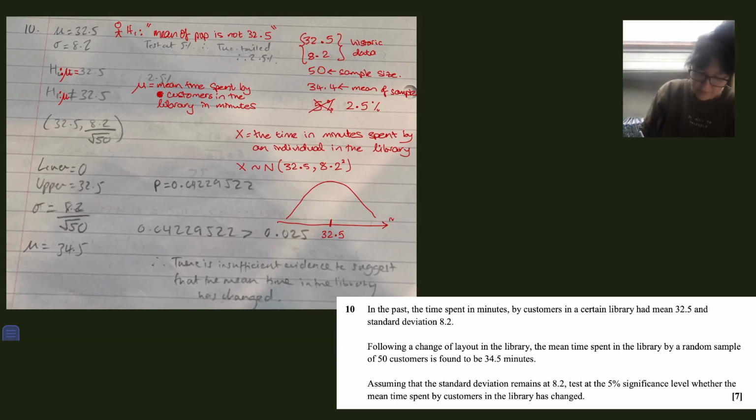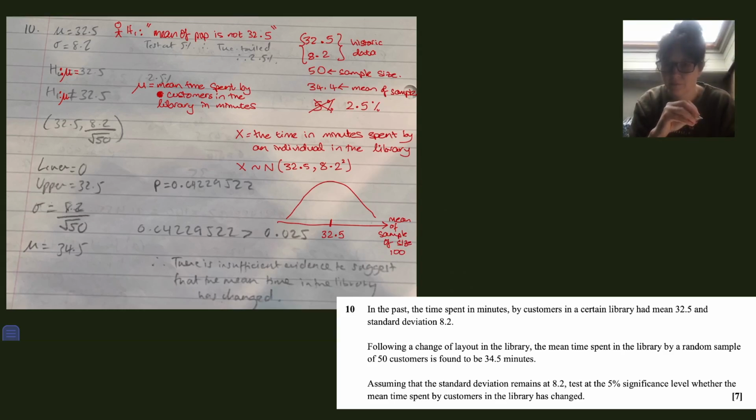This axis is the mean of a sample of size 100. It isn't, here's the important bit, it is not X. That thing that I was expecting to be 32.5, that I'm now saying, oh, I didn't get 32.5, I got 34.4, that's quite big.